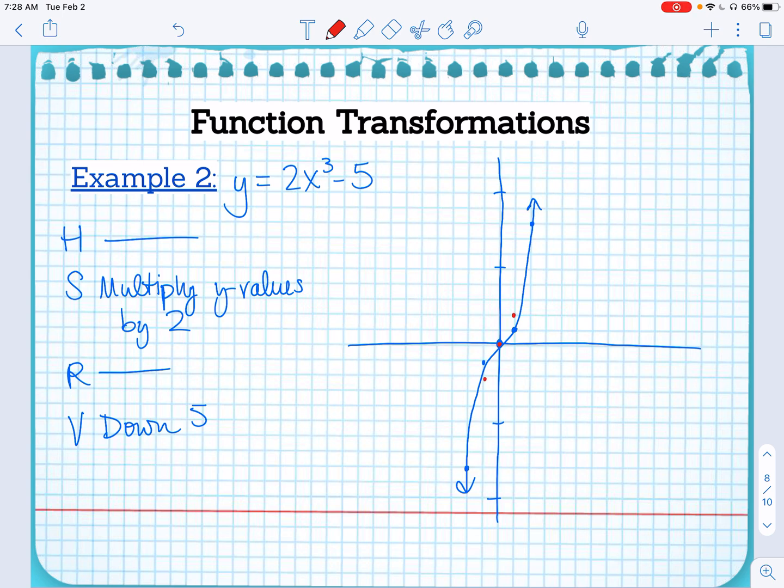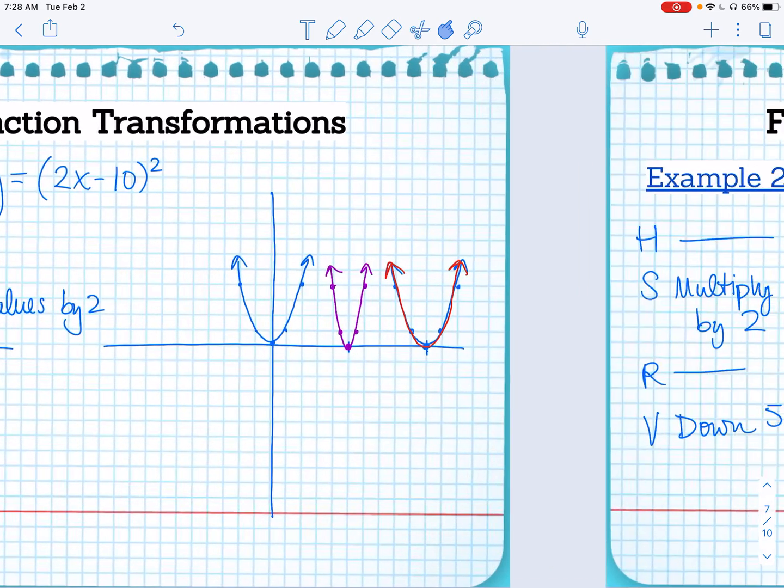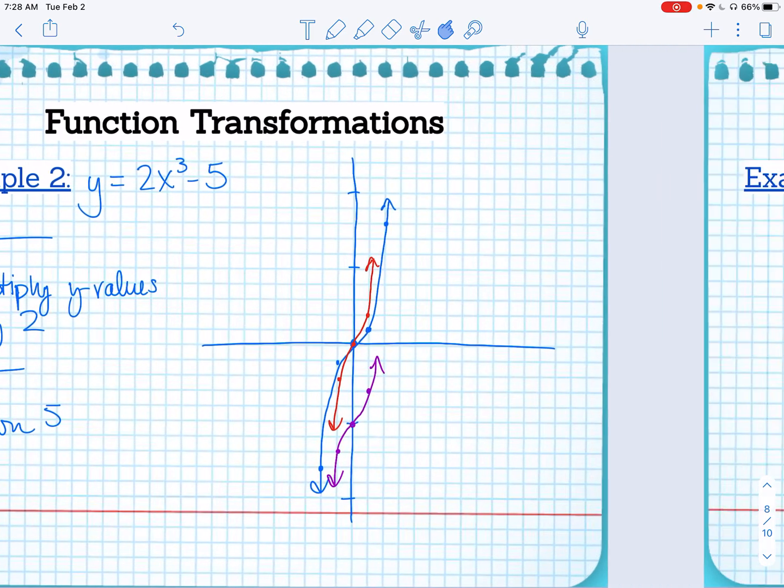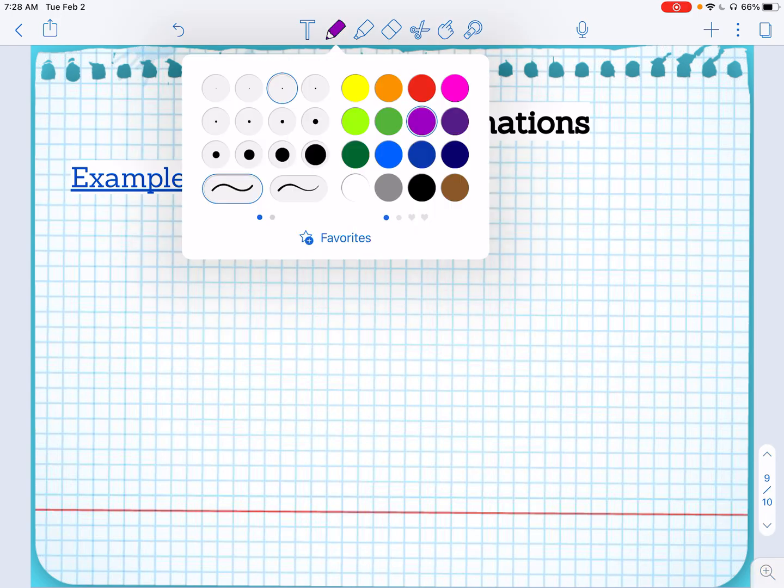Hard to get on that graph, right? But I know it's getting taller and skinnier. Stretch pulling in height. And then I'm going to shift the whole thing down 5. So I've got this tall, skinny graph shifted down 5. I'm going to look and see if I haven't done any reflections yet. These next two, I'll do some reflections.